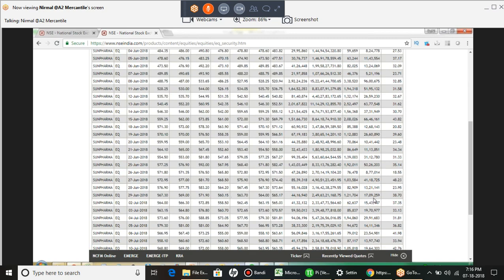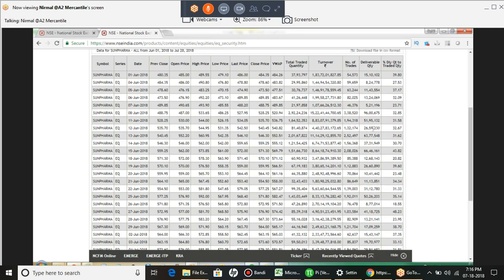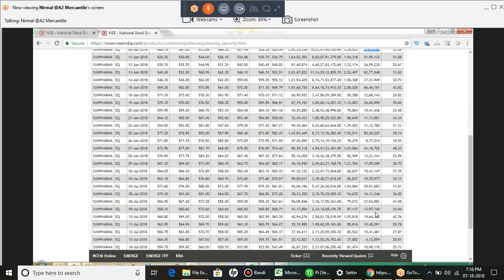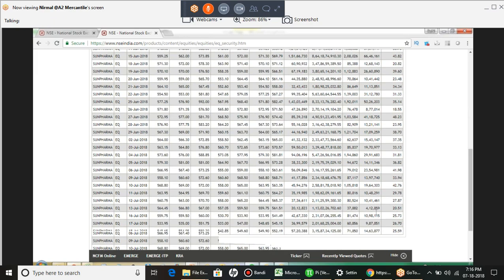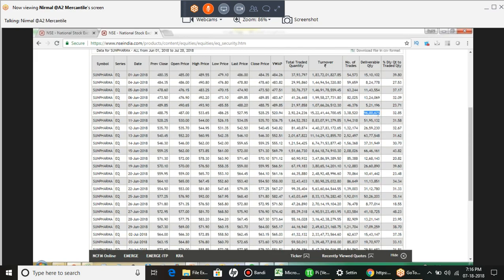Within this section, I can see the highest deliverable volume to be somewhere here, which is 8th of June, of last month. The heaviest delivery quantity volume was this day, 96 lakh shares. So I'll go to 8th of June now.